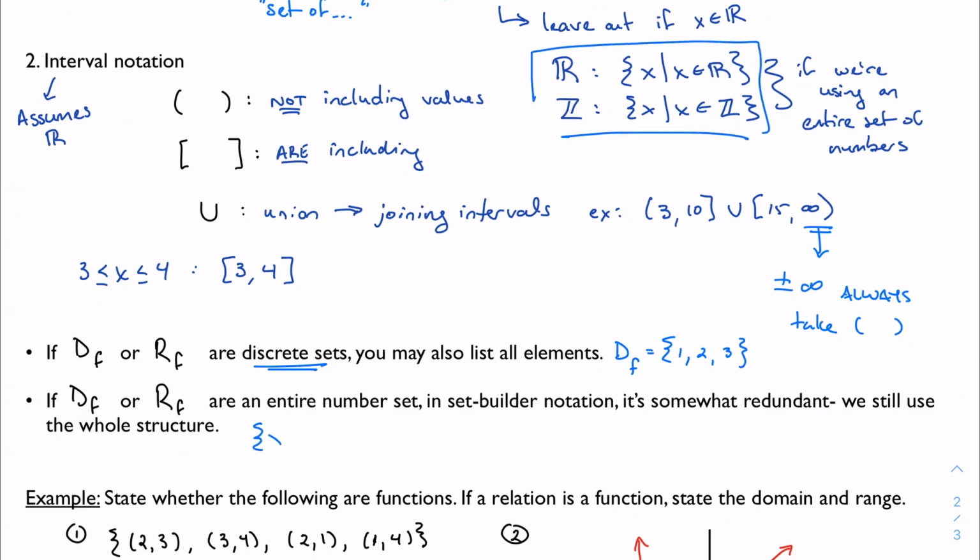To say that if I'm talking about the whole set of real numbers, I'm going to write it this way. I'm not just going to write this. I still need to introduce my variable first. I want to say, all right, we're going to talk about x or y or a or whatever, but I still need to introduce that number set and that variable.